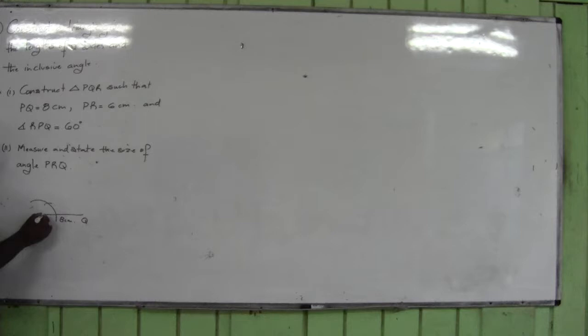So from here through here, I draw PR, and PR is 6 centimeters. So now what I've drawn is two sides and the inclusive angle. Once I know where PR and Q are, the final step is to draw a line connecting what? R and Q. And you would have your triangle.